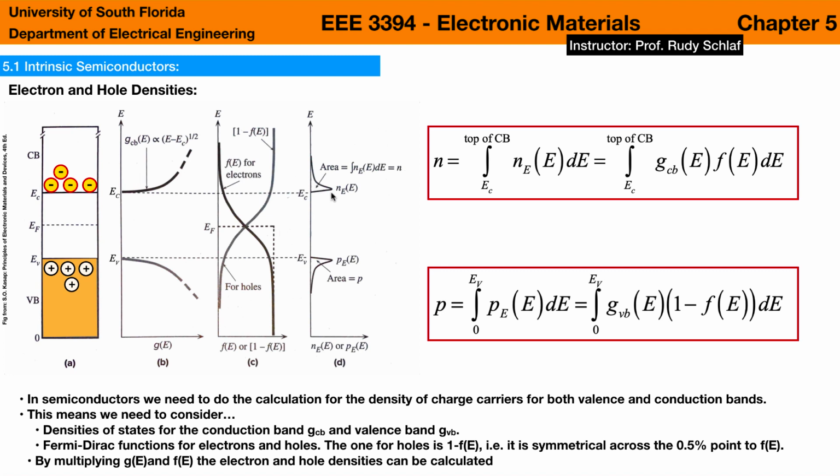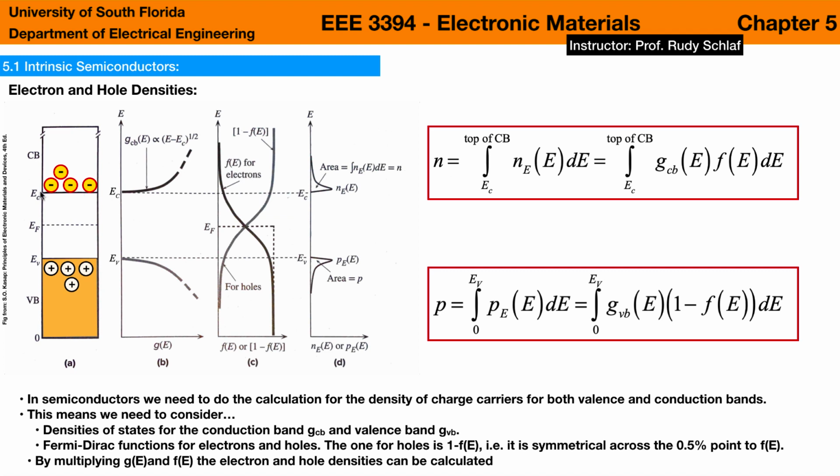And then we multiply and we get the number of electrons per volume and energy, and the area here is again the number of electrons per volume, the electron density. The integral looks a little bit different because we're now not integrating from 0 to the top of the band.